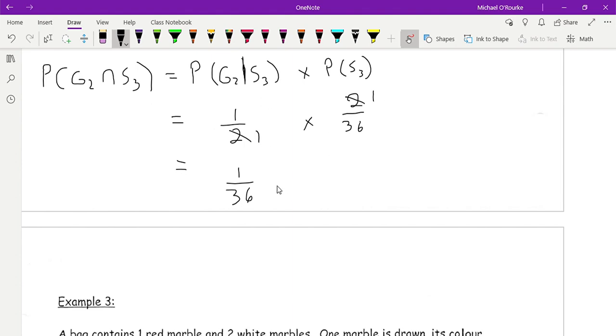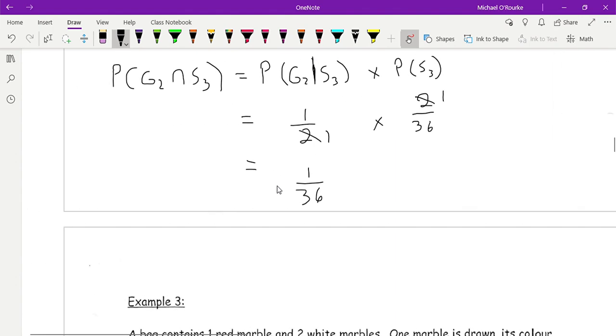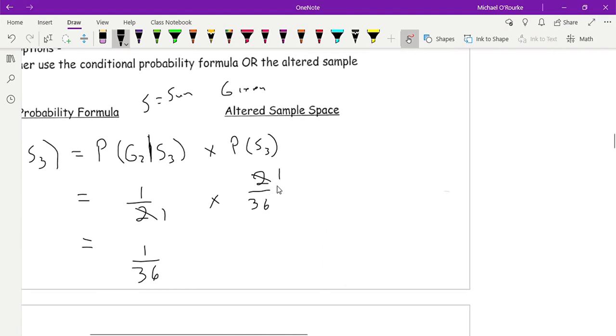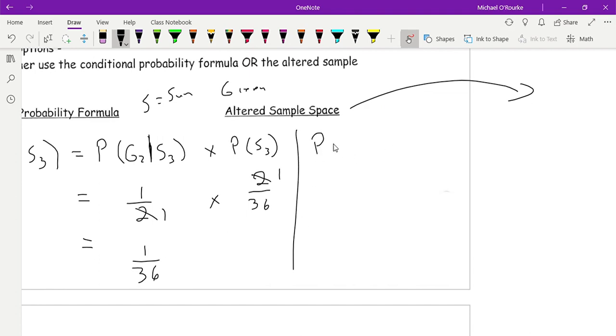The other way you can look at this, I'm going to do this way over here, but we're going to do this one again. The probability of green 2 intersection with sum of 3. But then we can reverse those. We can reverse our thoughts here.